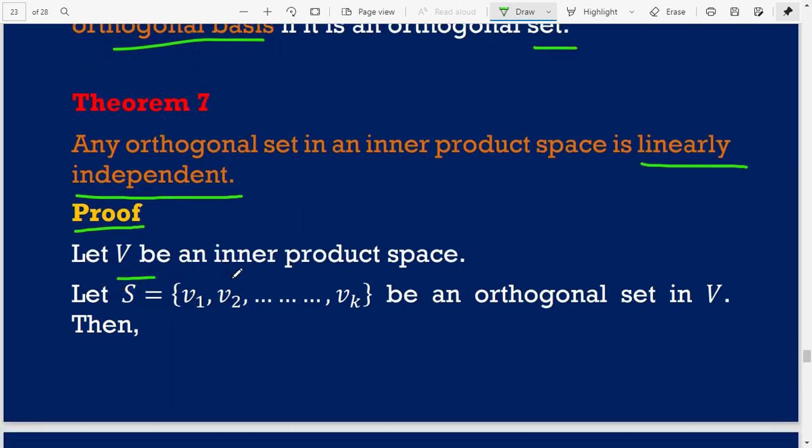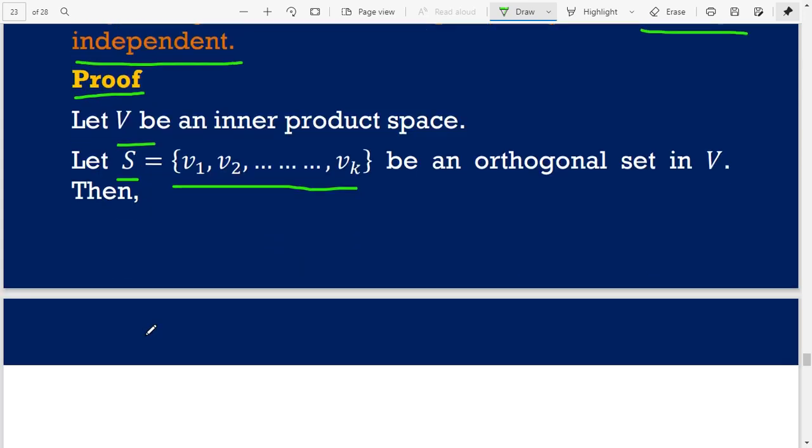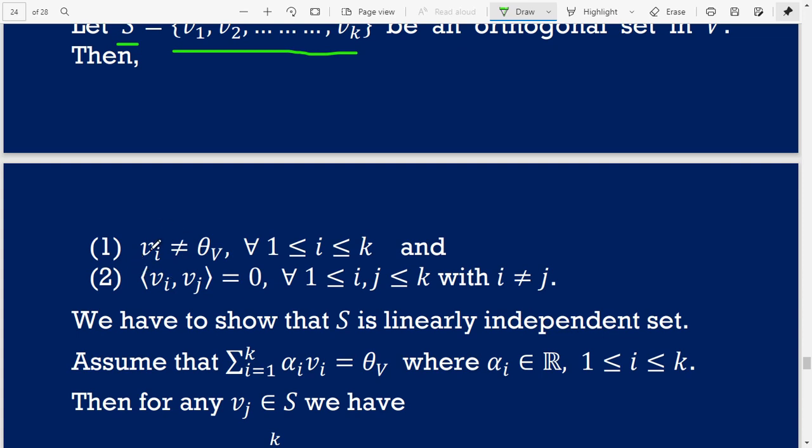Let V be an inner product space, and let the set S = {v1, v2, up to vk} be an orthogonal set in V. Then vi is not equal to the zero vector for every 1 ≤ i ≤ k, and the inner product of vi with vj is equal to 0 for every 1 ≤ i, j ≤ k with i not equal to j.